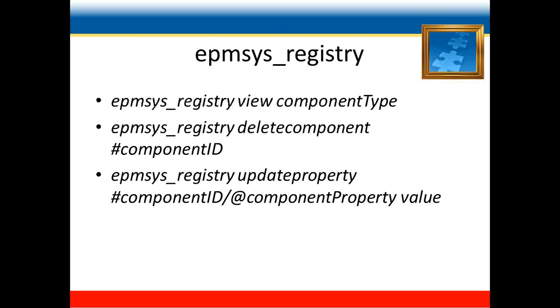Some of the options that we can specify while running this utility: we can view the report according to the component type that we want to see the report for. So if you know the component type, you can explicitly specify it while firing the EPM_registry command.